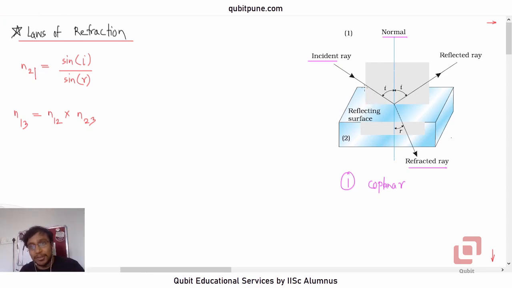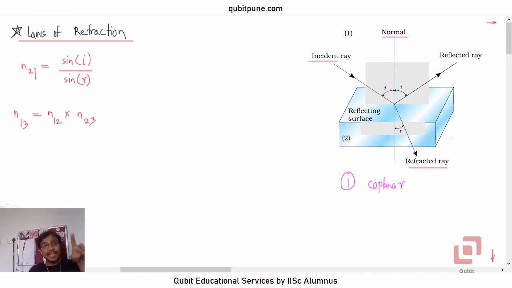We know that it is transparent, but then why do we get to see the images? That's because of the reflection. But for mirrors, it is only reflection. There is very little absorption, and we totally ignore it. All right, and we have Brewster's law, which tells us that the reflected ray is actually polarized at a particular angle, but that is a topic of separate discussion. We'll not bring that here.